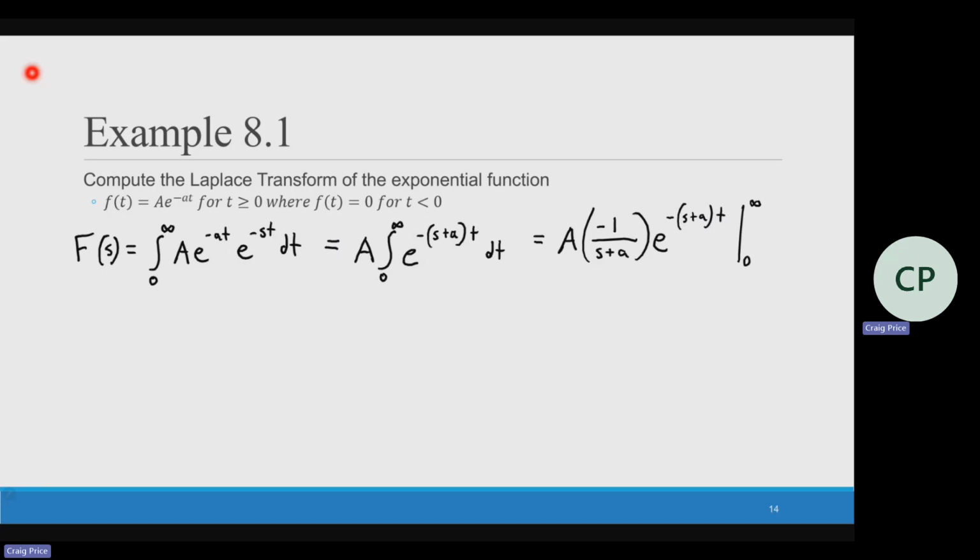Okay, so now I evaluate it from 0 to infinity. So this would be negative 1 over s plus a times, now we have e to the negative infinity, since we're setting time in there as infinity, minus e to the 0.